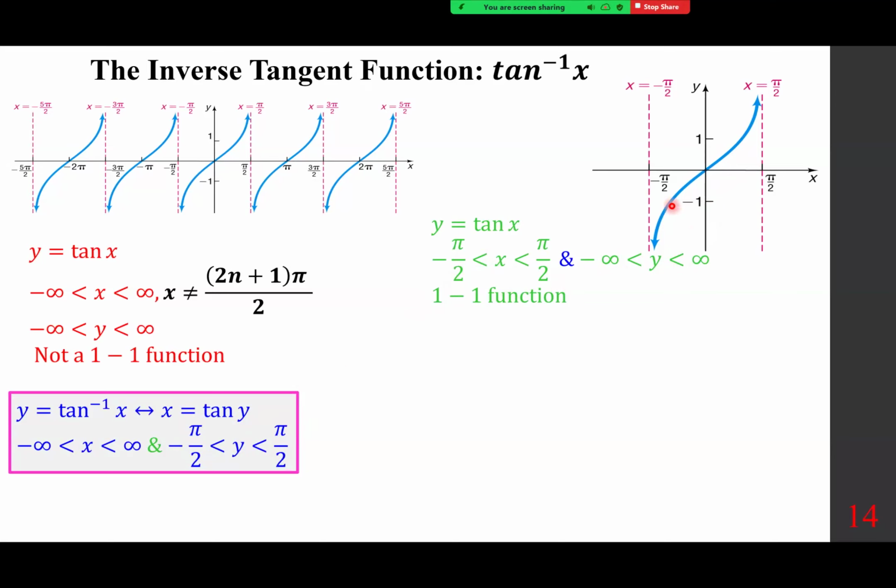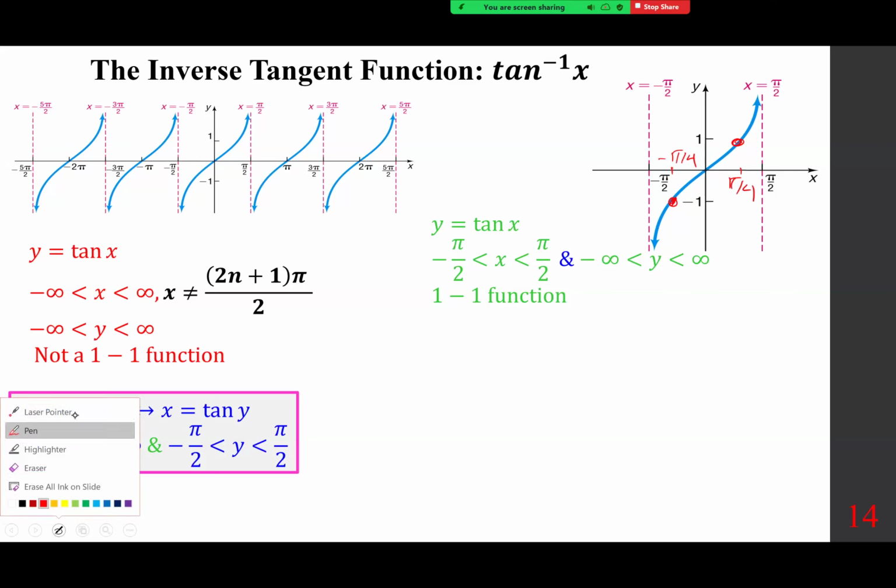Obviously, you remember minus pi over 4, -1, positive pi over 4, +1, and 0, 0.